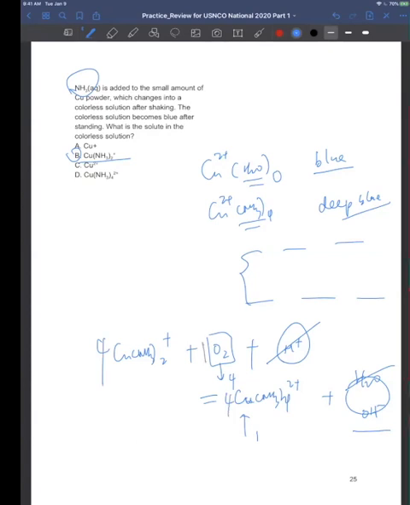And then we need to add more ammonia from the left side. There would be 8 ammonia. So now, hydroxide seems not easy to balance. How to balance? Oh, okay.